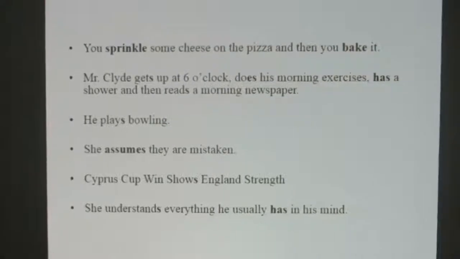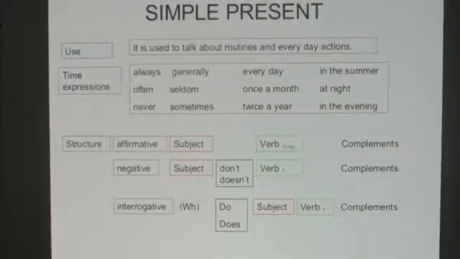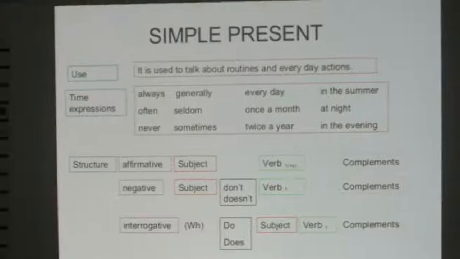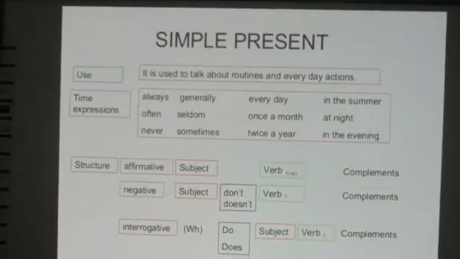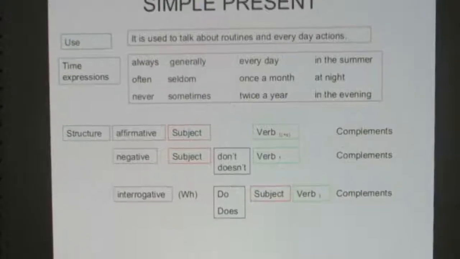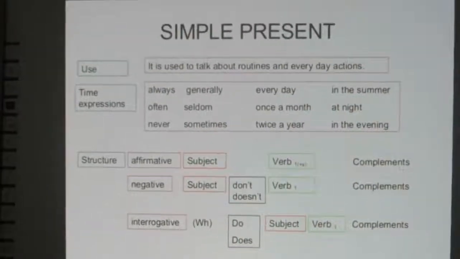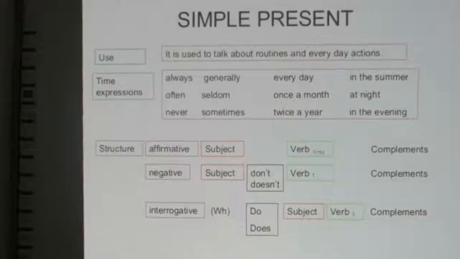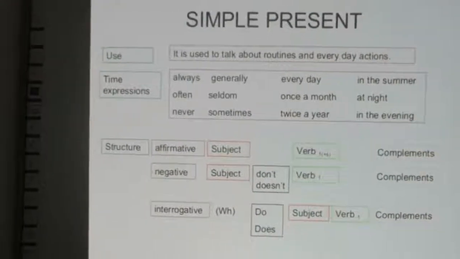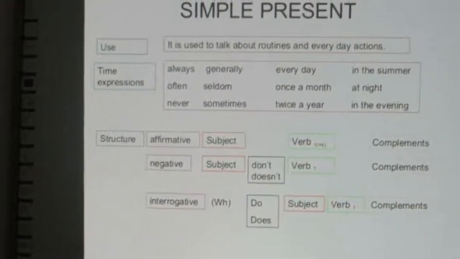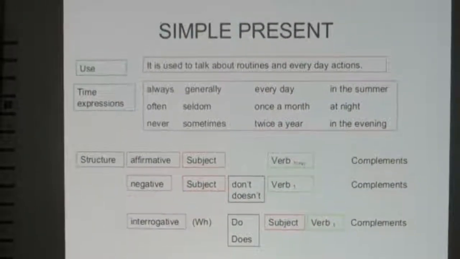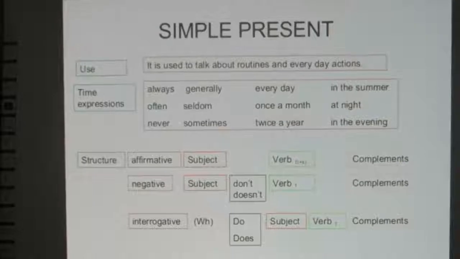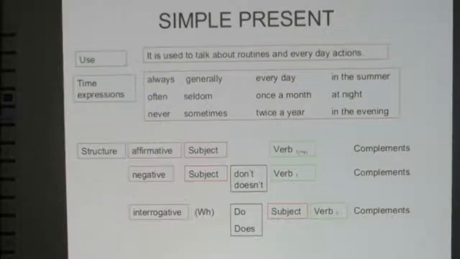So we also have some words that show us that for sure we are going to use present simple, that this action is repeated, that this action is daily or like a routine or a habit. The words like always, generally, every day, often, seldom, once a month, never, sometimes, twice a year, in the evening.